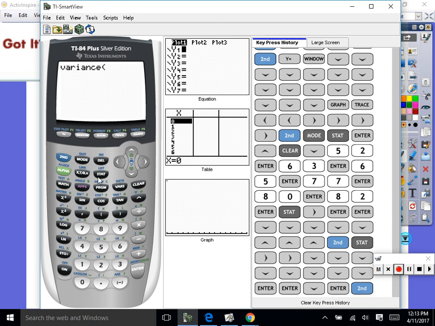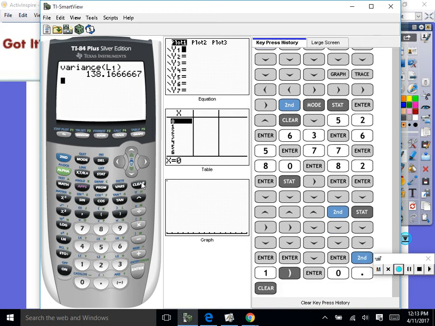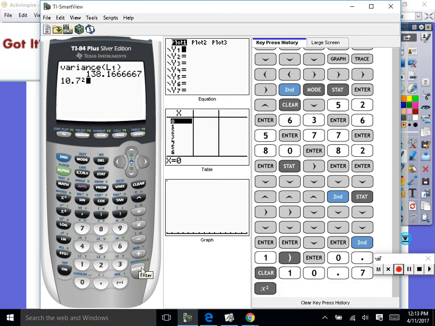Oh yeah, so you gotta put in that you want list 1. Second 1. Maybe, here's the thing, I think, oh, okay. Oh, that's the wrong variance. No.